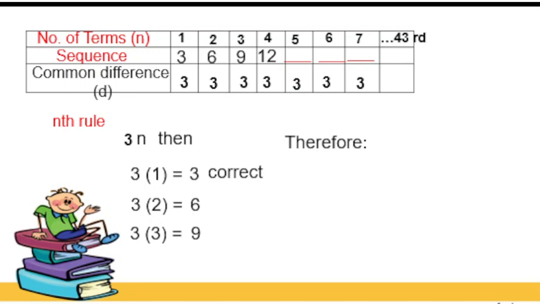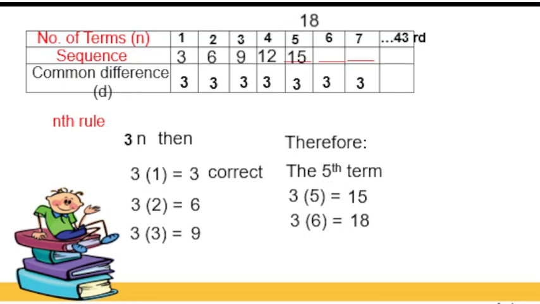To get the value of the fifth term, just multiply 3 by 5, and that is equal to 15. For the sixth term, 3 times 6 is 18. And for the seventh term, 3 times 7 is 21.